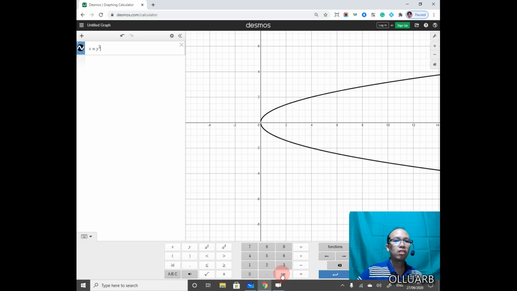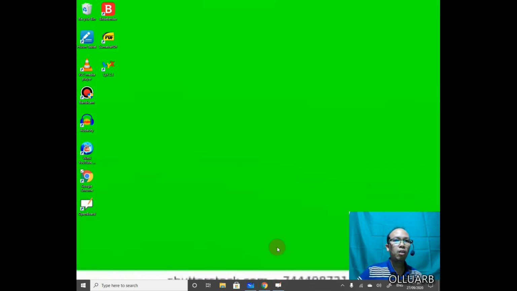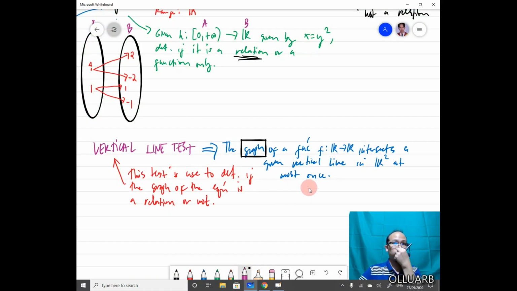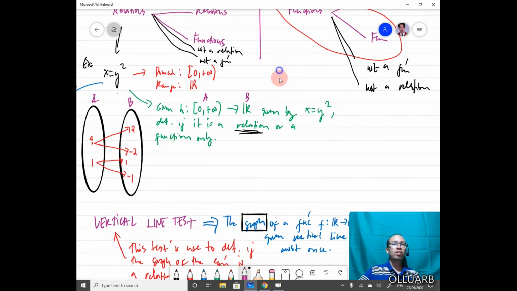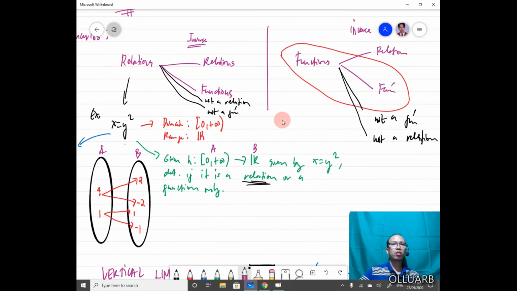Okay, so how are you going to get the inverse of a function? Let me remind you again that the given must be a function, and how you are going to know that the inverse is also a relation.